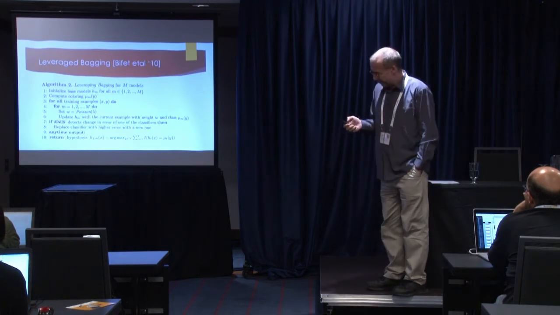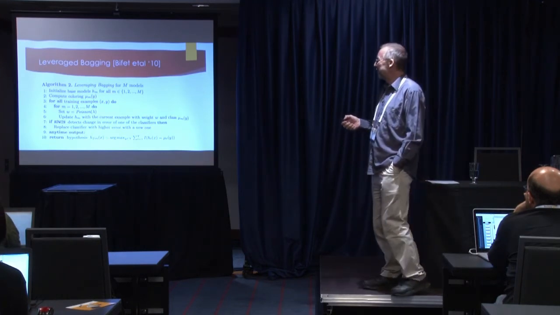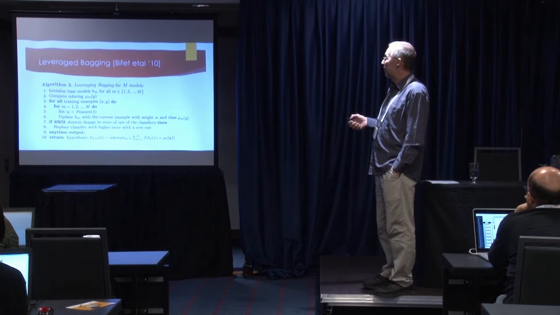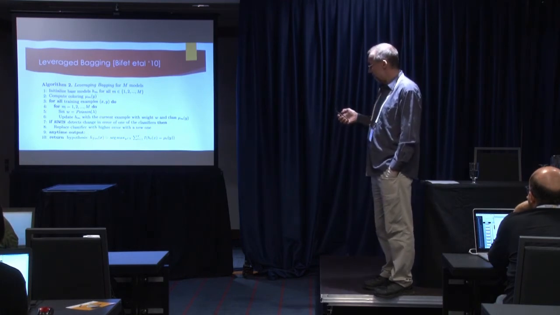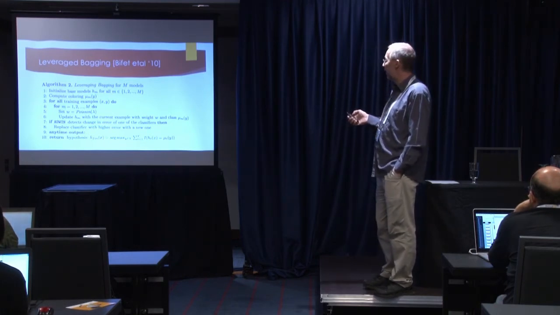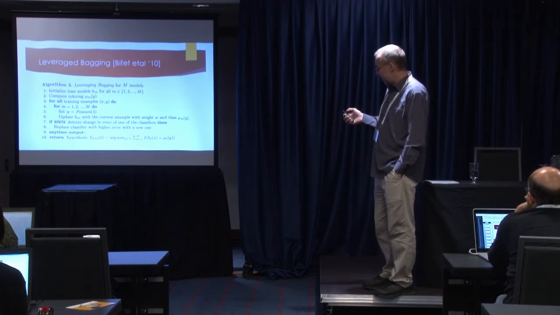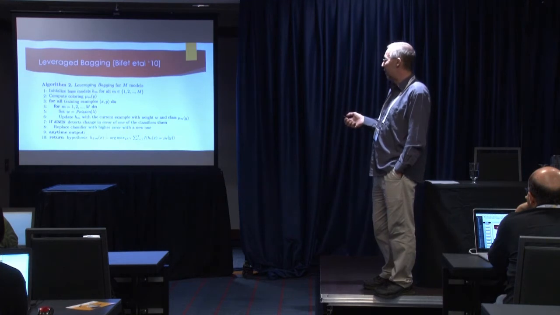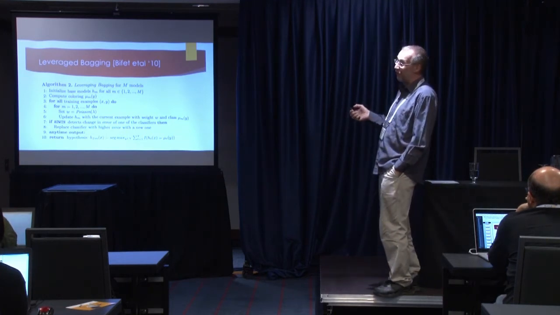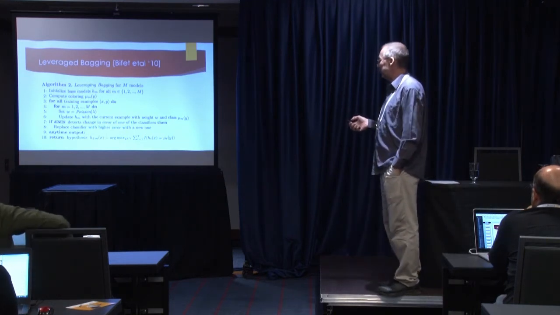It works to some degree. What we found in a lot of experiments that we ran is that we can do a little bit better by something which we call leverage bagging, published a few years ago, where we make the mean of the Poisson distribution a user parameter, and often values around 5 or 6 work pretty well.